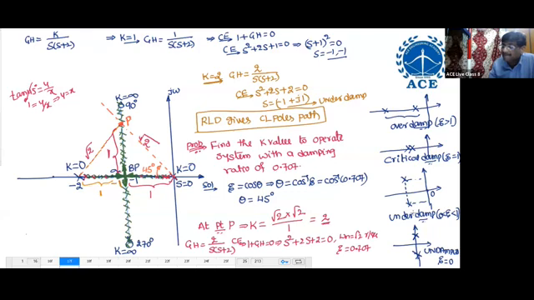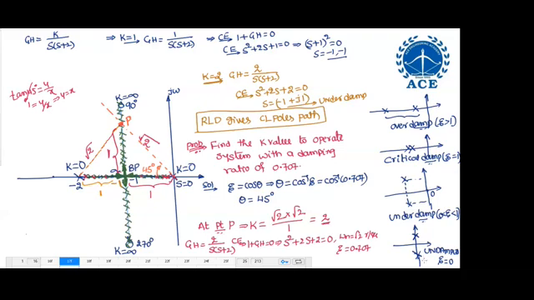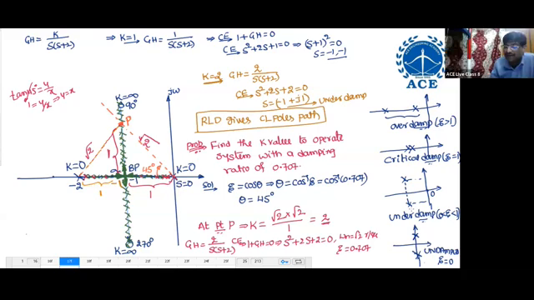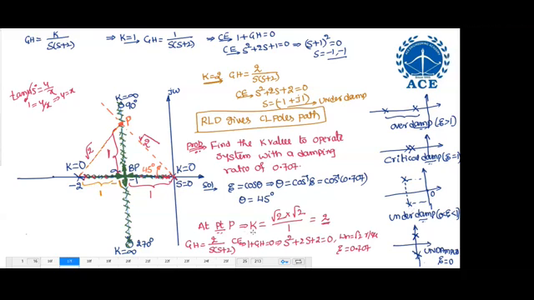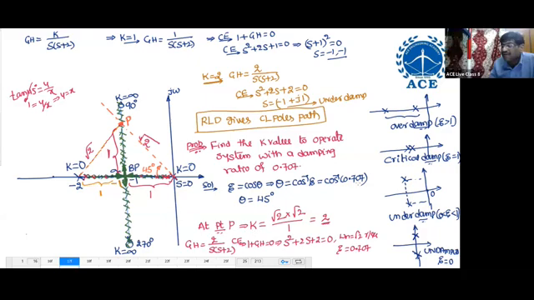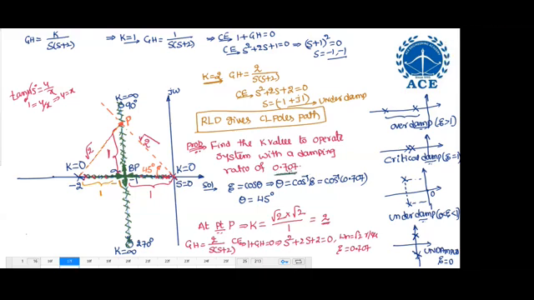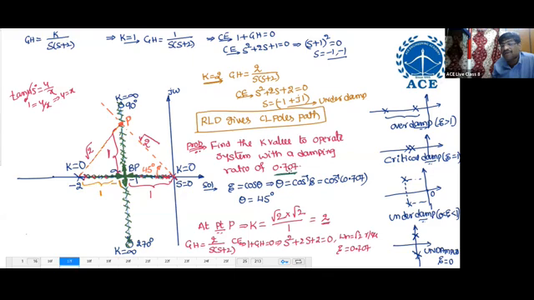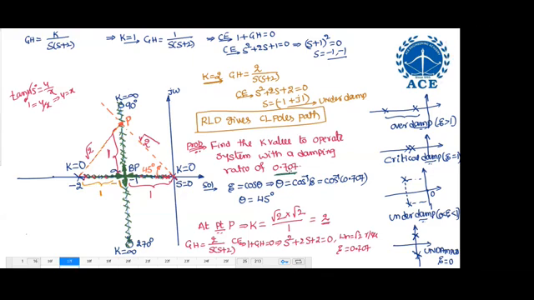Sir, in the same page, can you explain the last part, the K value? I didn't understand the angle 45. Zeta value is given in the question: cos inverse of 0.707 is 45.